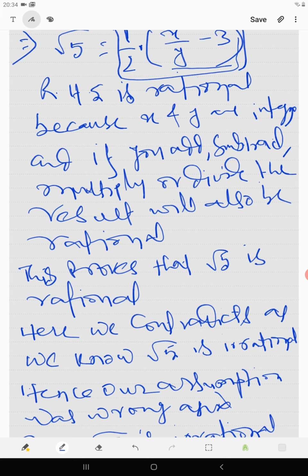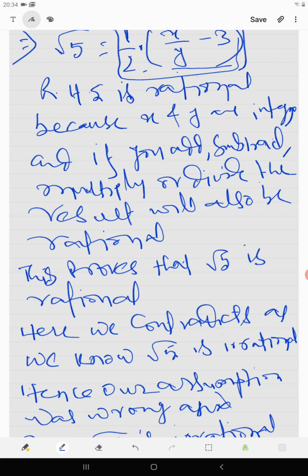So x by y minus 3 is rational, because anything you add, subtract, multiply or divide will be a rational number. So this thing is rational. Again, we are dividing by 2, that means 1 by 2 into x by y minus 3. So we are multiplying a rational with a rational, because 1 by 2 is rational and x by y minus 3 is rational. So the multiplication of rational and rational will also be rational. So this proves that root 5 is rational.